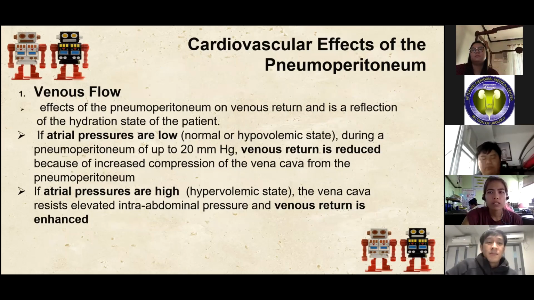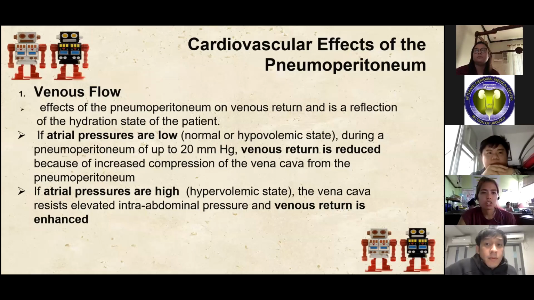So, cardiovascular effects of the pneumoperitoneum. First, we have the effect on venous flow. So the effect of pneumoperitoneum on venous flow and venous return, and its reflection of the hydration state of the patient.